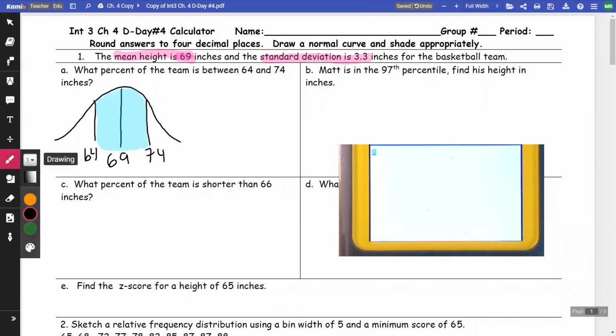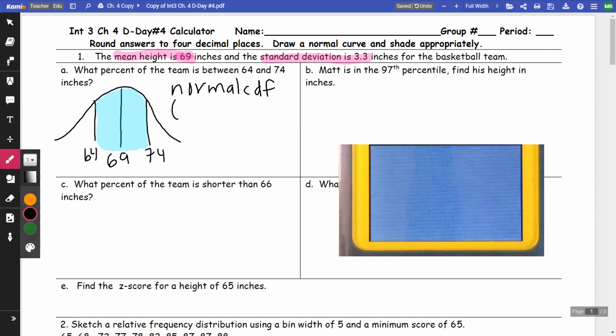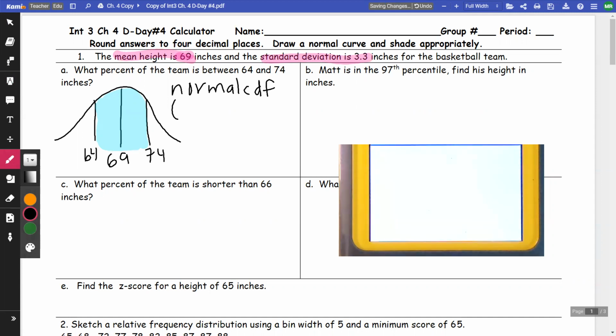And 1 as a decimal represents 100%. So I am going to do a normal CDF. And when you go to that on your calculator, it's going to be the second one here. Our lower bound is going to be 64. Our upper bound is going to be 74.